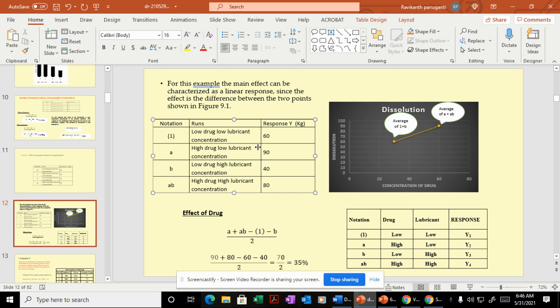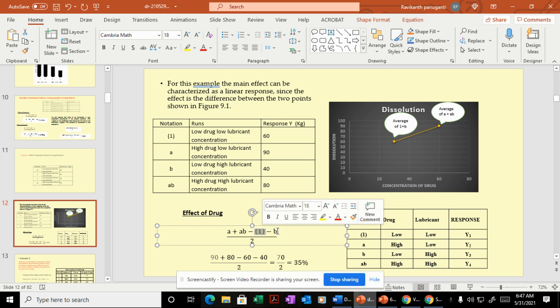So we subtract the responses of the runs corresponding to low drug from the runs corresponding to the high drug levels. This is very obvious from the equation. This portion, A plus AB, corresponds to the high level, and this portion, 1 plus B, corresponds to the low level.